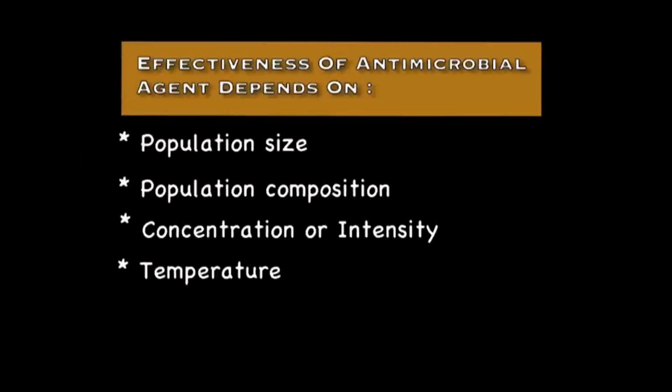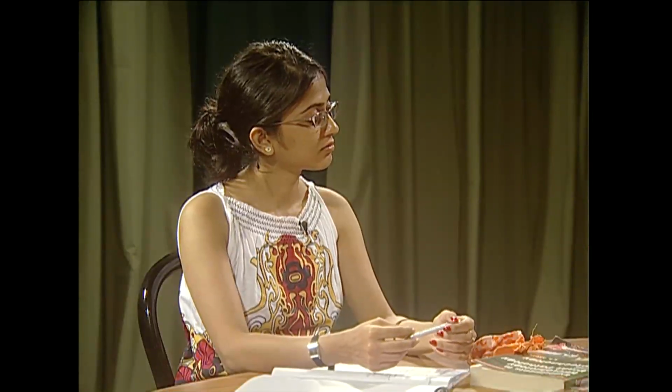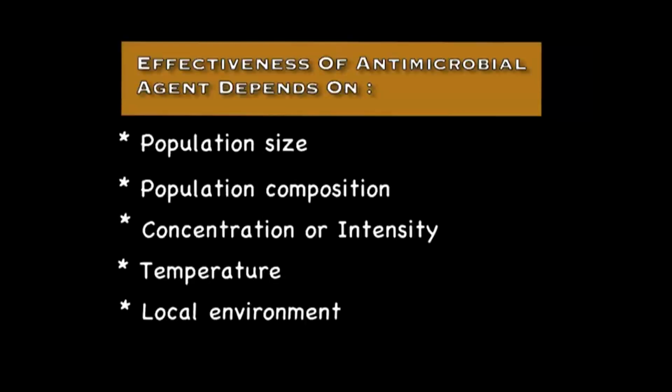And next factor on which the antimicrobial efficiency depends is the temperature of application. Here we will see as soon as the temperature is increased, the time needed to kill the microbe will decrease. And finally, it again depends on environmental factors.